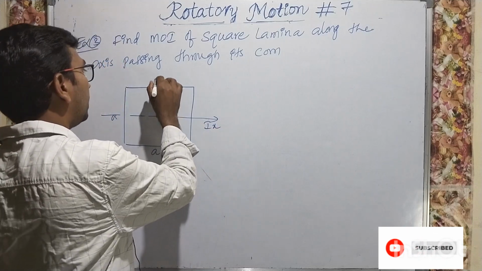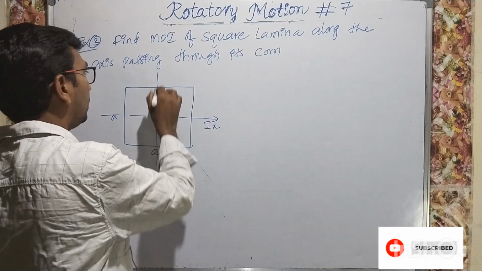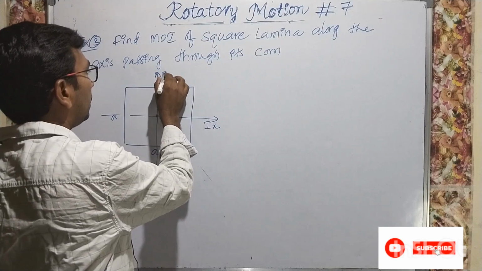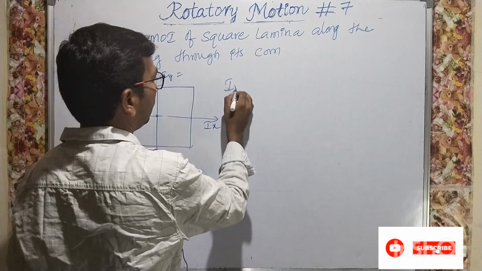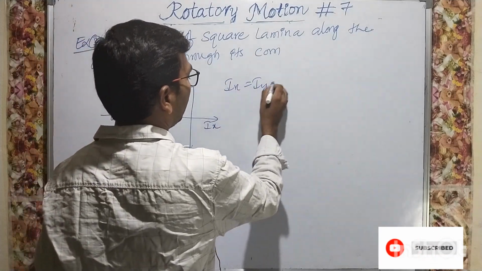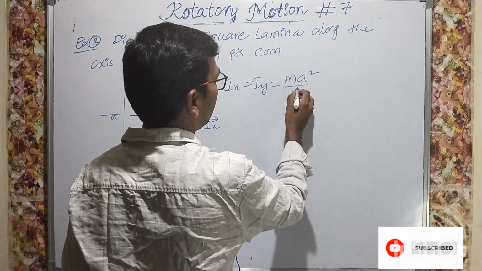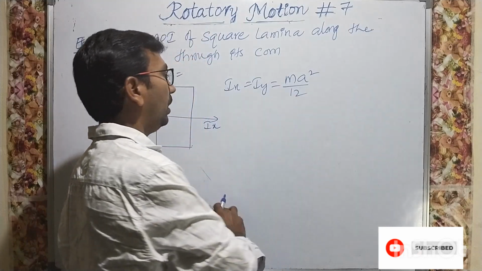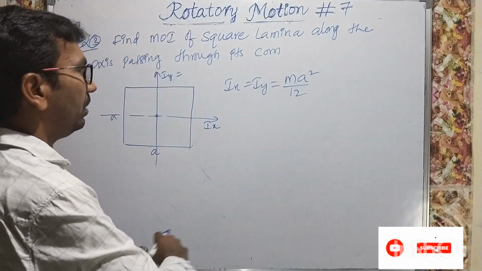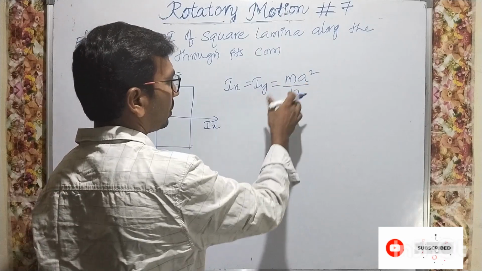This axis passes through the center, this is Ix, and this axis passes through the center, this is Iy. These two we know: Ix is equal to Iy is equal to ma square by 12.